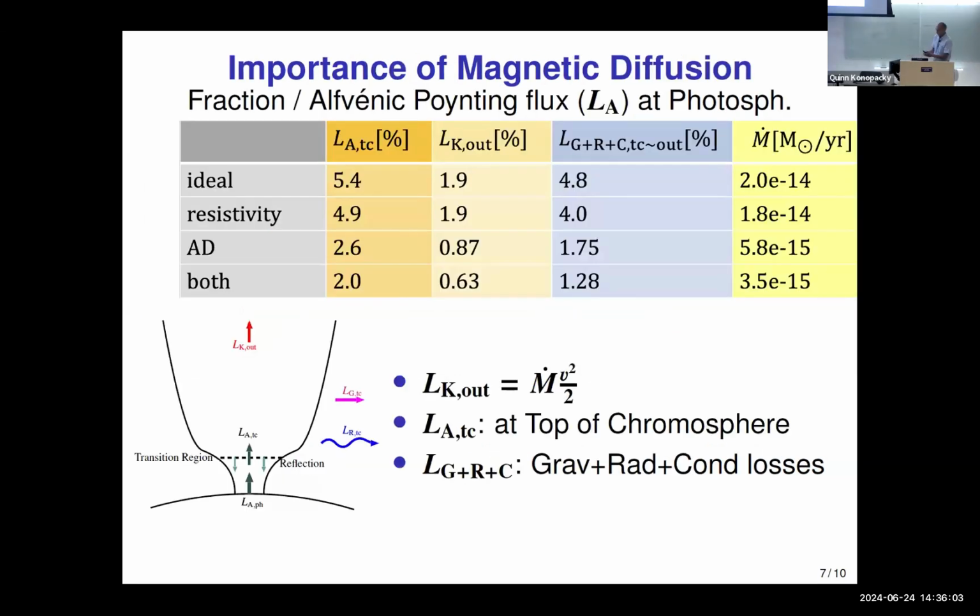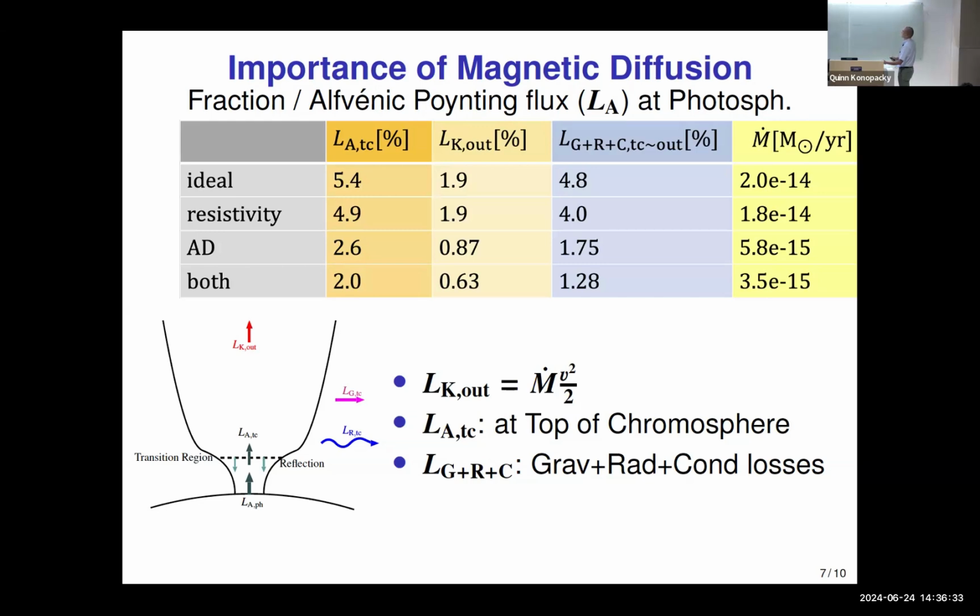This table summarizes these four cases. Please have a look at the rightmost column. This column shows the mass loss rate, in this case the wind strength. For the cases with ideal MHD or with resistivity, the mass loss rate is on the order of the observed value for the sun.